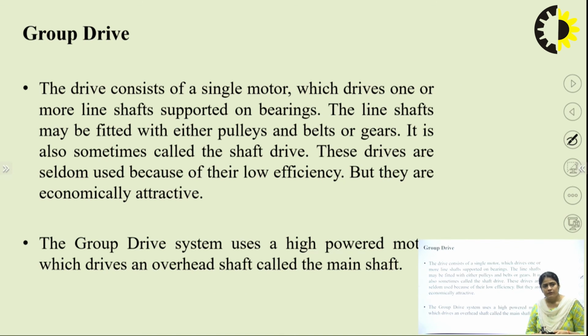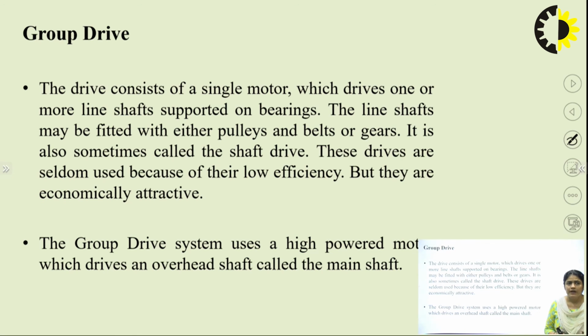In the group drive, one motor can handle a number of loads. The drive consists of a single motor which drives one or more line shafts supported on bearings. The line shafts may be fitted with pulleys, belts, or gears, so it is sometimes called the shaft drive. These drives are seldom used because of their low efficiency, since one motor is driving a number of loads.